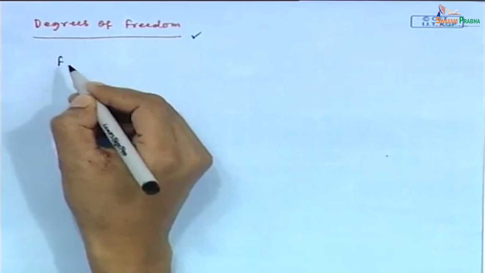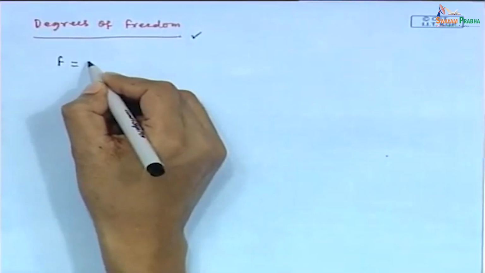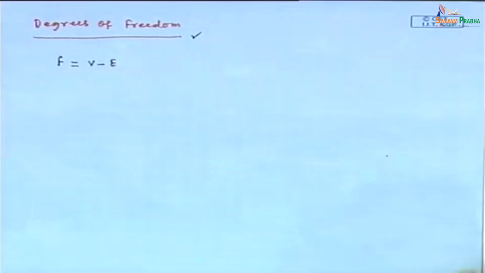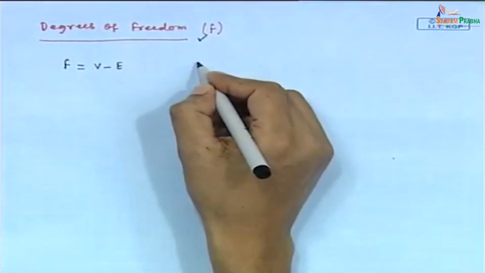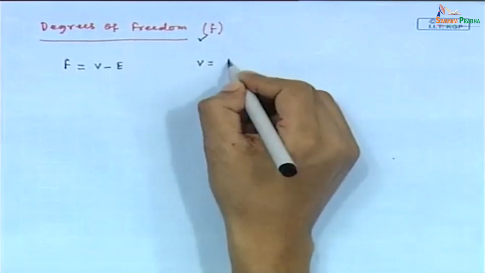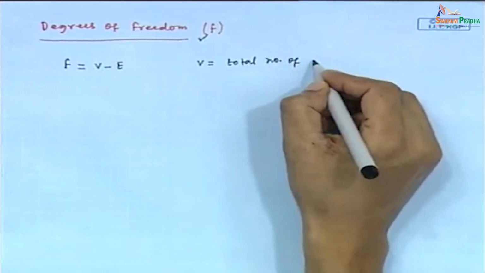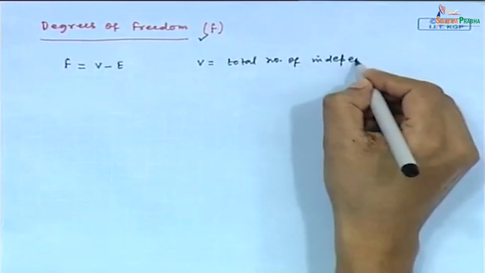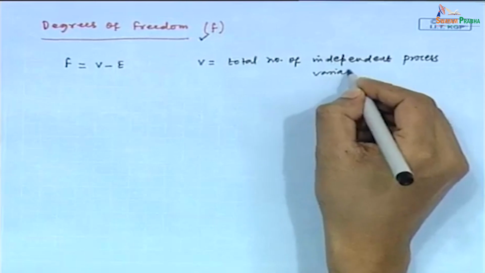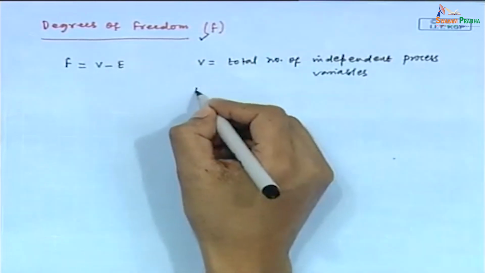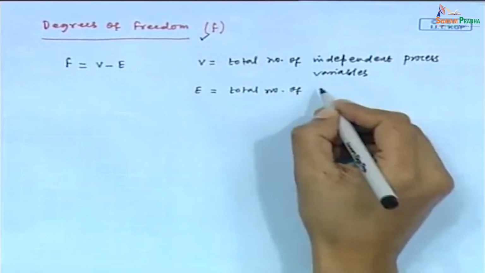Degrees of freedom, which we represent by F, then F equals V minus E. V is the total number of independent process variables, and E is the total number of independent equations.